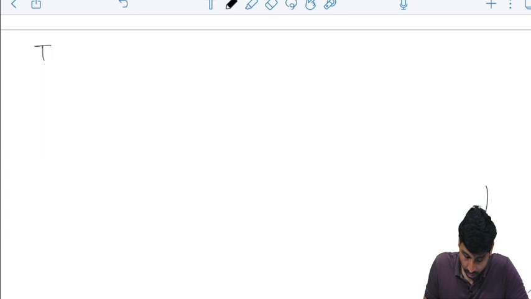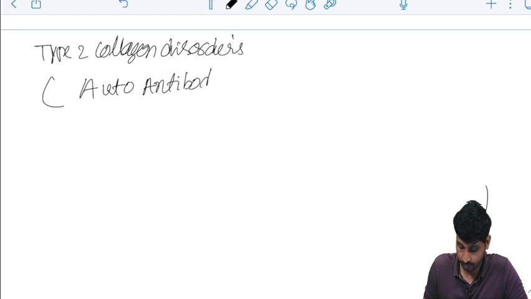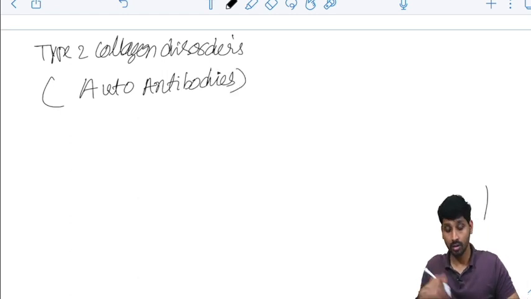So here, type 2 collagen disorders, because of autoantibodies against the collagen, right.